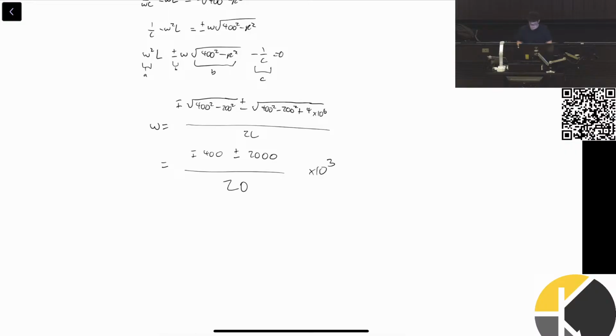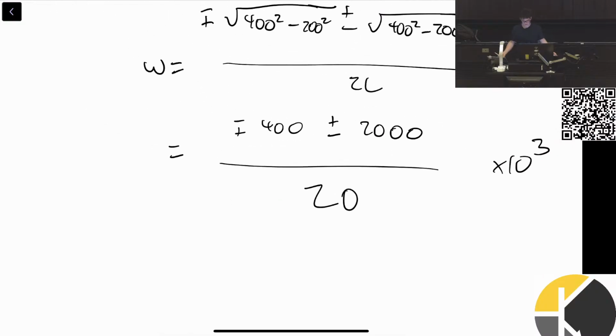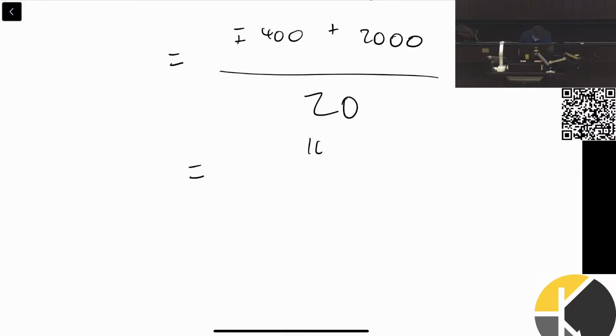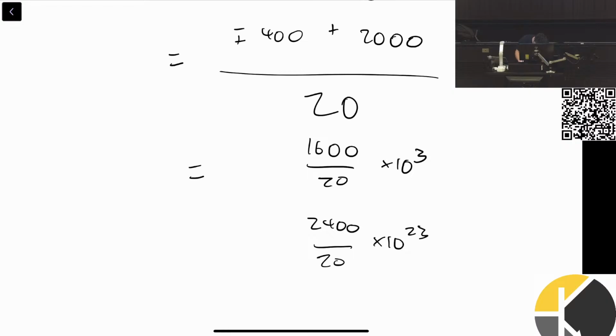All right, why do the pluses and minuses sort themselves out? We are forced to take this as a positive. We can't have a negative frequency. So we can just write this as a plus now. And what we end up getting is roughly 1,600 on 20 times 10 to the 3 as one of our values, and 2,400 on 20 times 10 to the 3 as the other one.